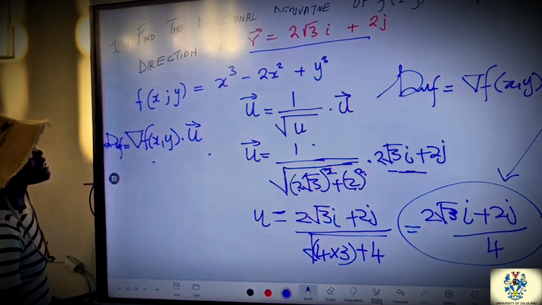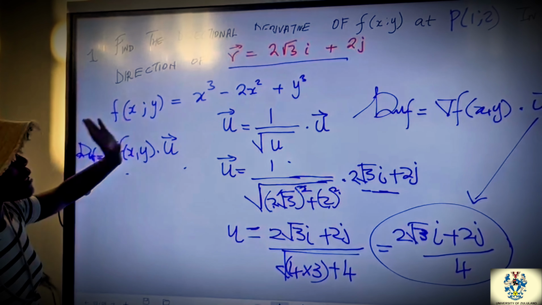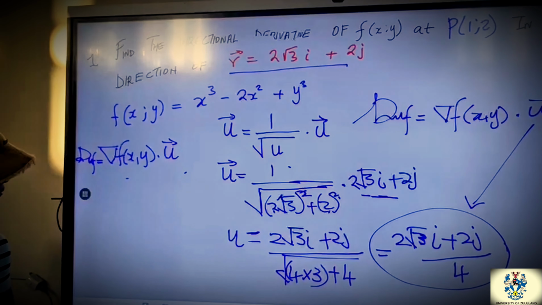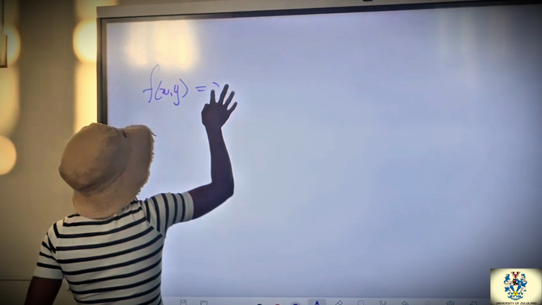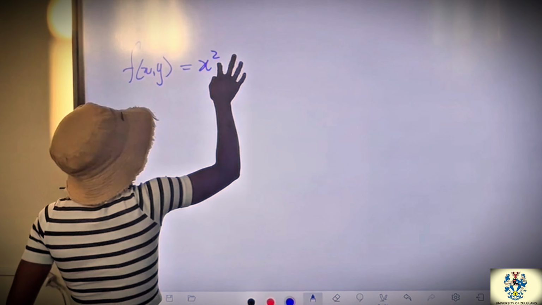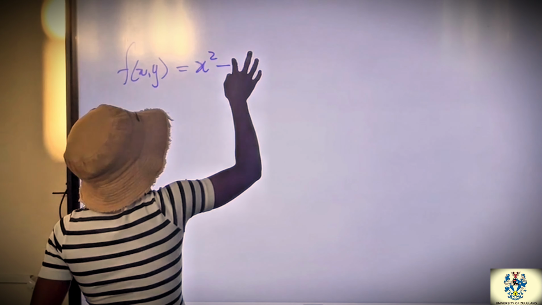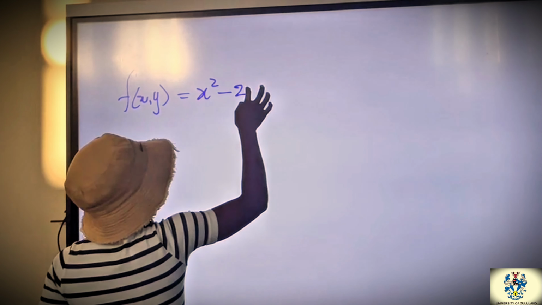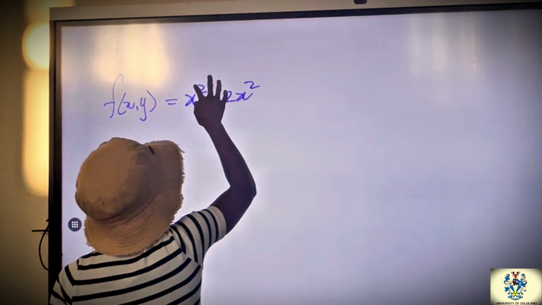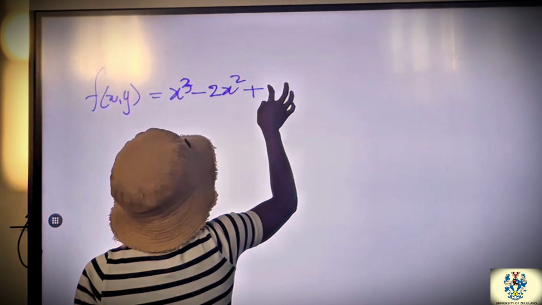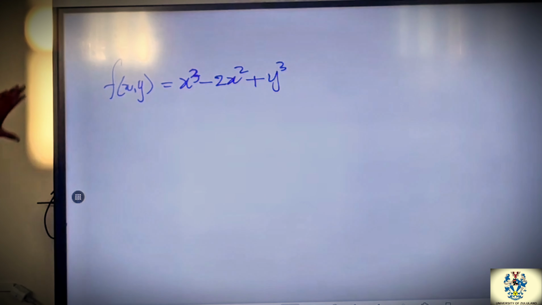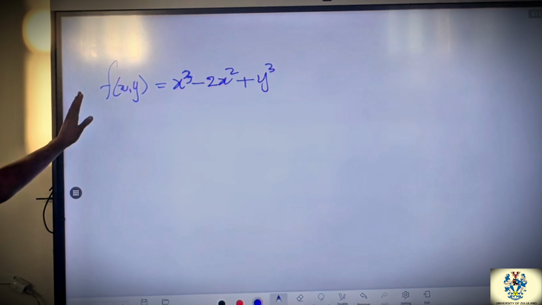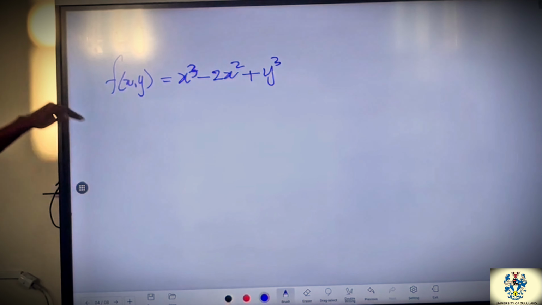Our function is x cubed minus 2x squared plus y cubed.